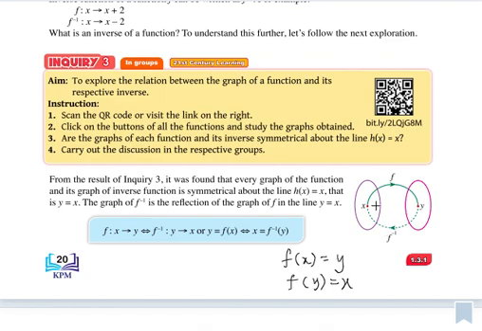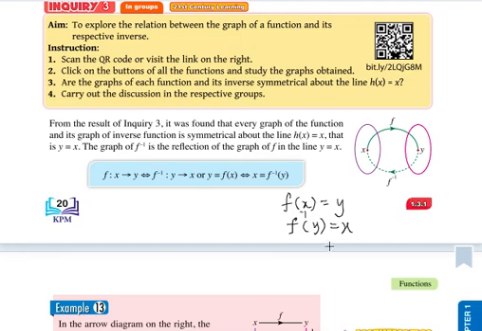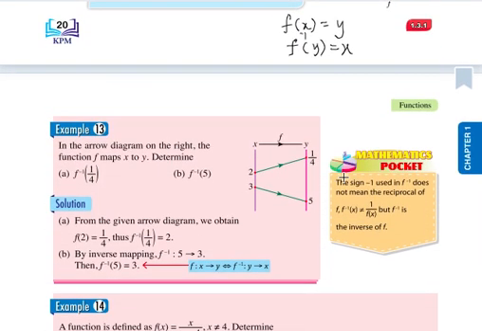I have to inverse the f, so power negative 1 here. Therefore, from left to right, from my domain to codomain, if f function, then if I inverse it from codomain to domain, from y to x, the inverse function is f power negative 1. But we don't read it as power, we read it as inverse, meaning terbalik.